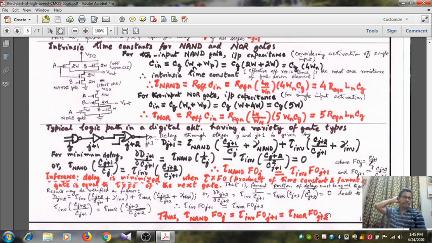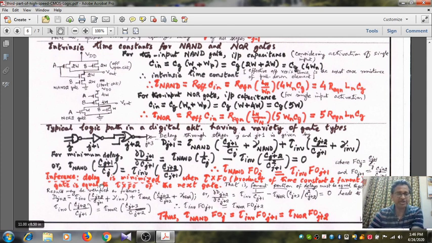So remember, if you have got a chain of same type of gates, so only inverter, only NAND gate, only NOR gate, then you can get the fan out factor, that means the ratio of the output capacitance and input capacitance of any gate, should be same in all stages.